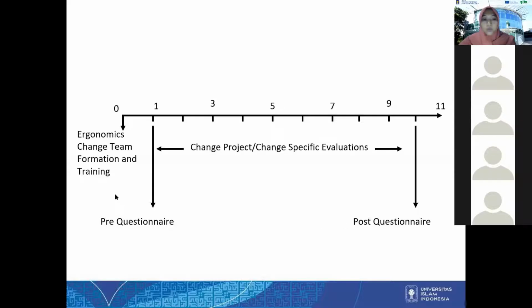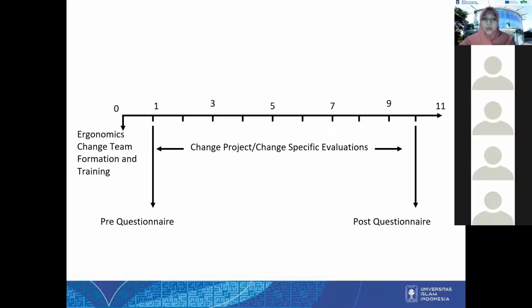Well, this is if you will make the questionnaire, the pre-questionnaire and post-questionnaire. So the pre-questionnaire is about what happens: maybe they feel they have a problem with musculoskeletal disorders, or maybe the design. But after we change the design or workstation, we give the post-questionnaire and see what happens before and after.